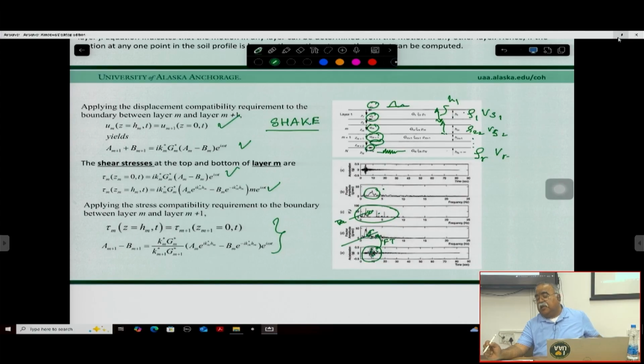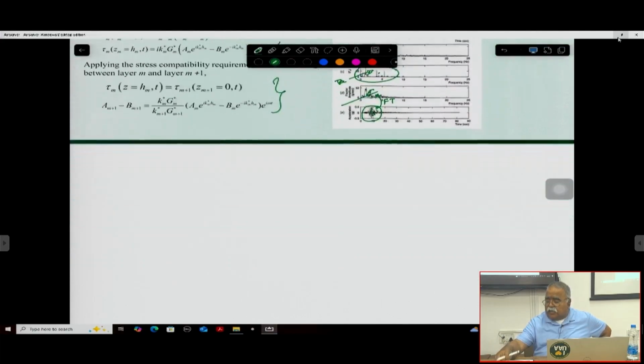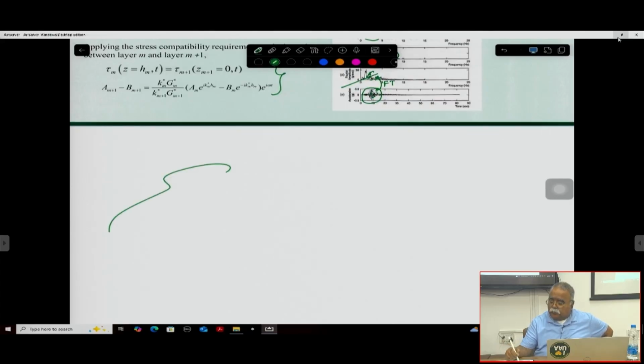So if you give these things, then what will happen is that if you can give any time series data recorded on some sort of rock in your area, then you can calculate. So the things will be like this. Say suppose at this site, this is your rock site station, and this is your soil site station.